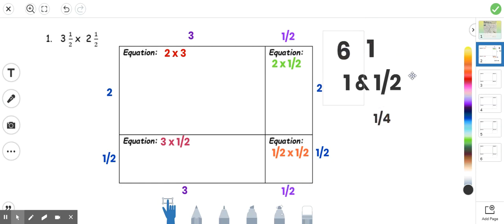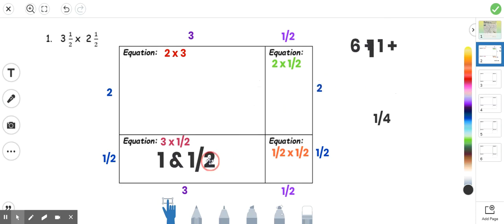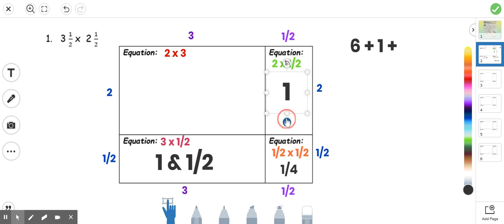Okay, so 6 plus 1 plus, let me make this a little bit more beautiful to see. All right, I'm going to put these numbers back. There. So 6 plus 1.